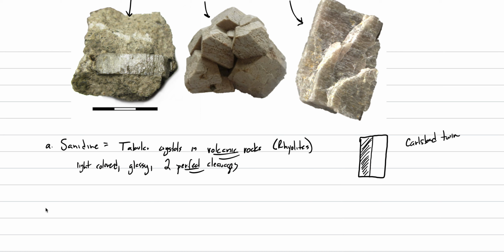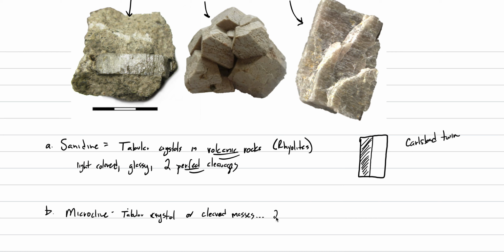Now, the other end member of our spectrum is microcline. And microcline has a lot of similar characteristics to sanidine. It tends to be tabular crystals, or cleaved masses. And I guess this leads to, what about the cleavage?